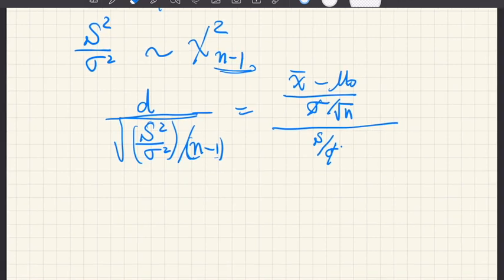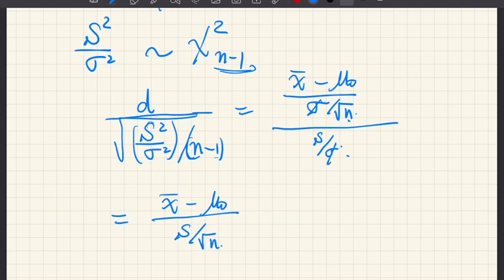So we have x bar minus mu naught, and we move this square root of n to here, and we have s over square root of n. And this follows the t distribution with how many degrees of freedom? That's here. So n minus 1 degrees of freedom.